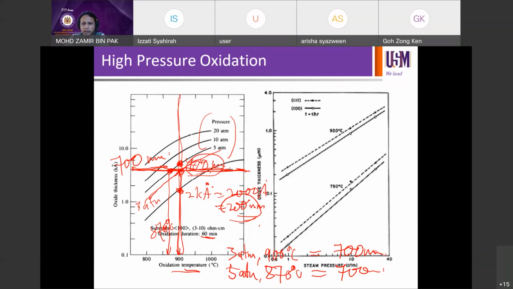So the graph on the right is the difference between 111 versus 100 at any temperature, for example. So let's look at the difference here. Say if you run, let's pick one.